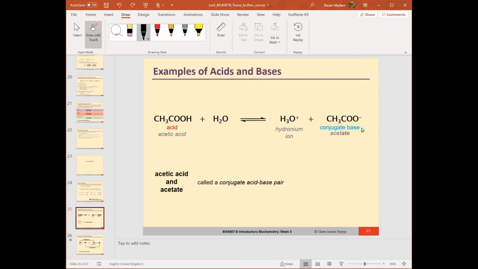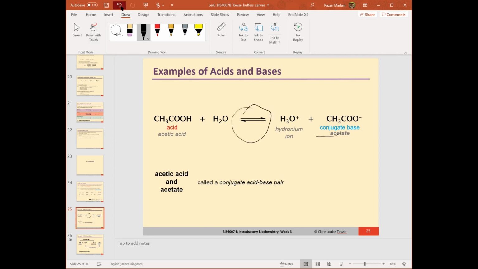It's a conjugate base, sorry. What does conjugate mean to you? Isn't it like a pair? So I think the base is going to accept a proton from the same acid that donated it to them. Exactly. That's why it's called a conjugate, because remember, these are reversible.